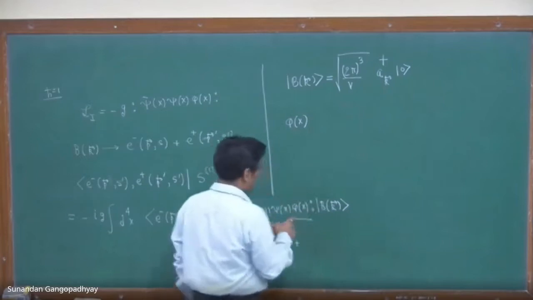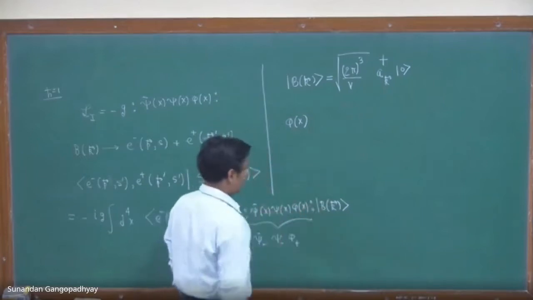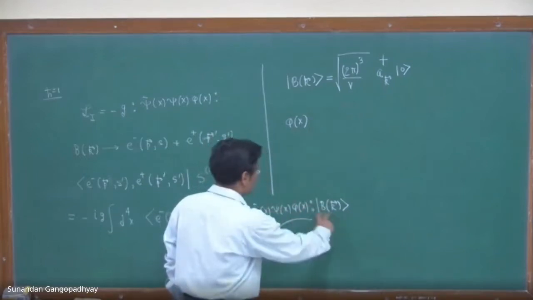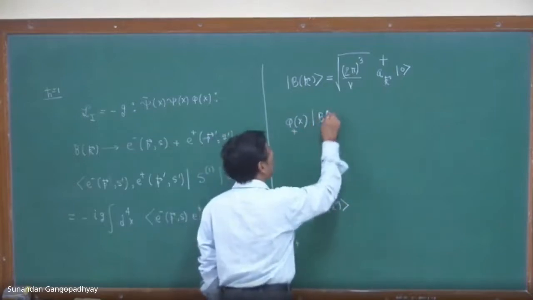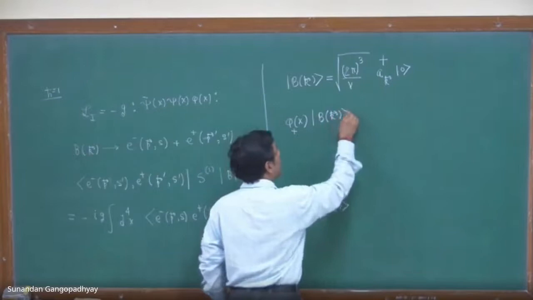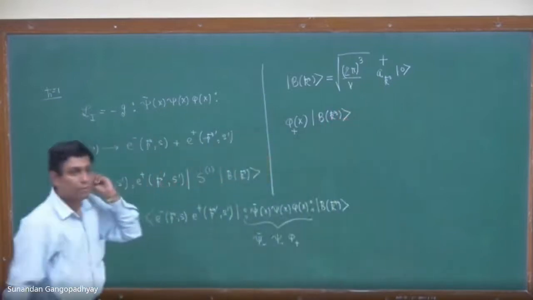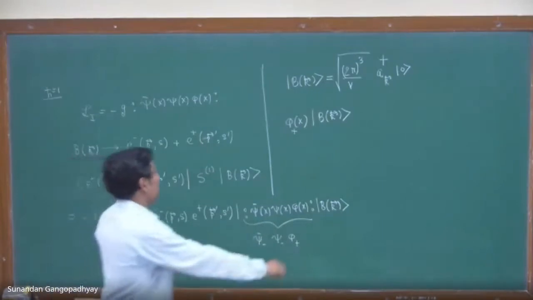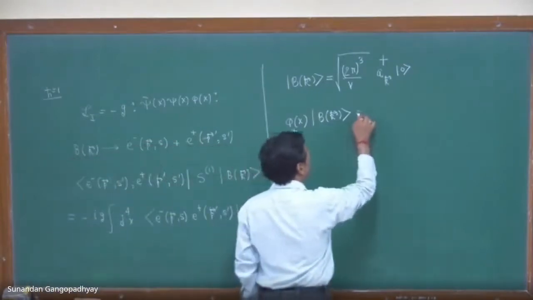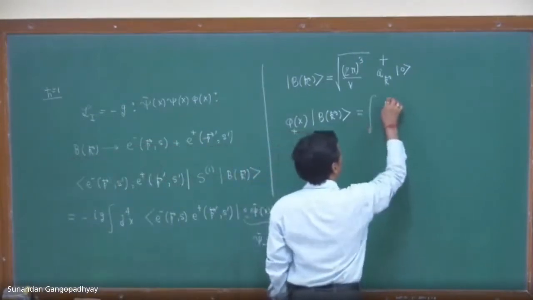So what we need to calculate is basically this phi plus at T1. And you know that phi plus is basically the annihilation operator. The annihilation operator. So this calculation is quite simple. Just do it.